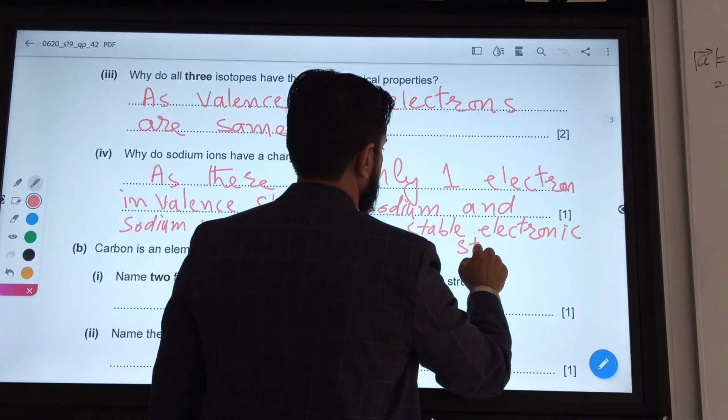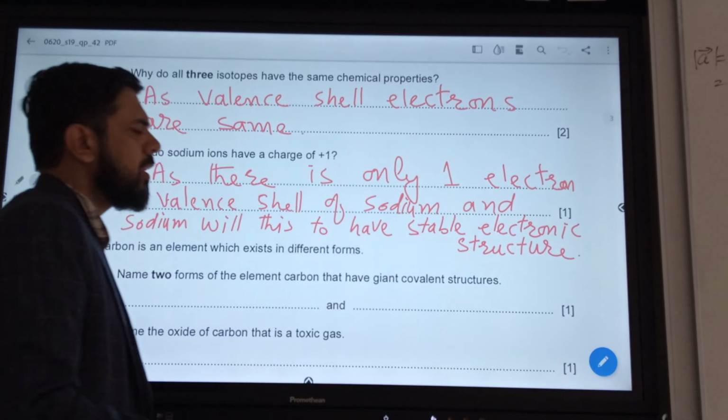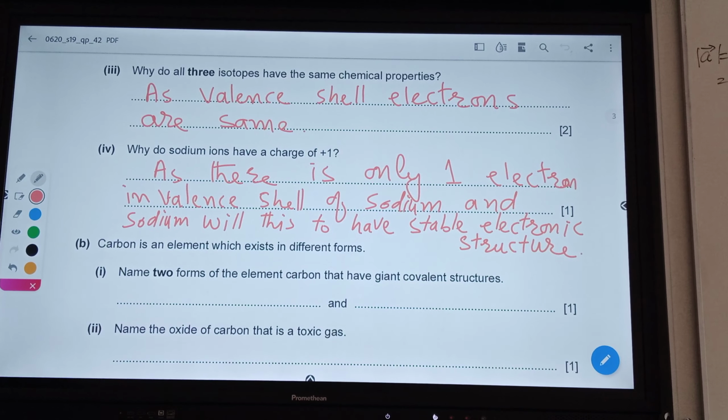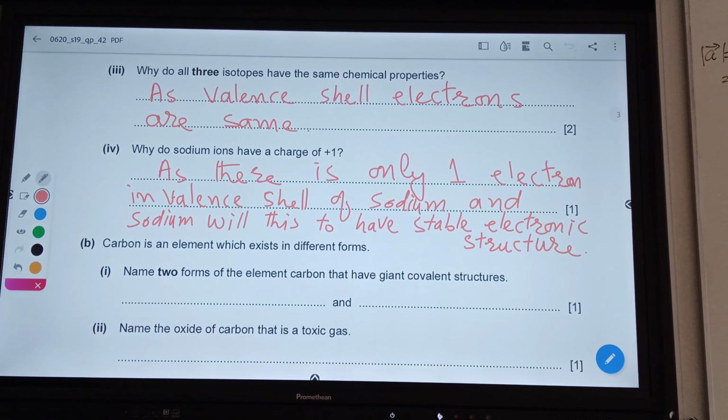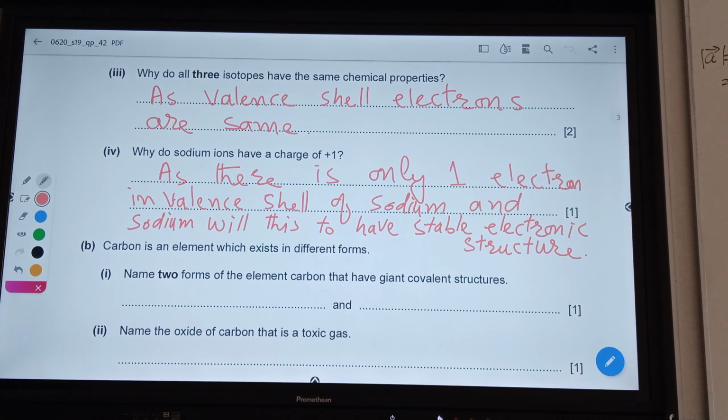Or if you want to make it shorter, you can just say to have stability. This is why sodium will lose only one electron from its valence shell.